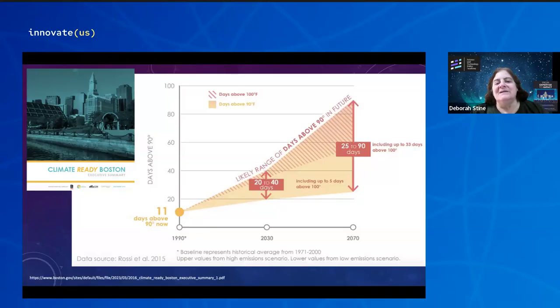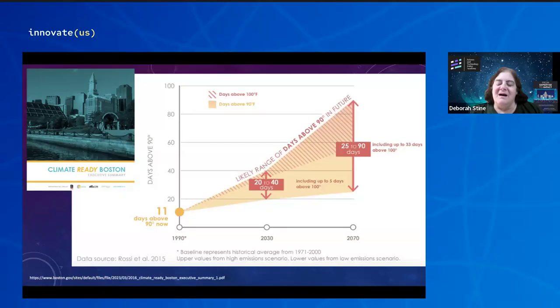So by saying how many days are over 90, how many days over 100, and also having that uncertainty in here, that range of days from 20 to 40 or 25 to 90, they're getting across that this is something that we can be concerned about.